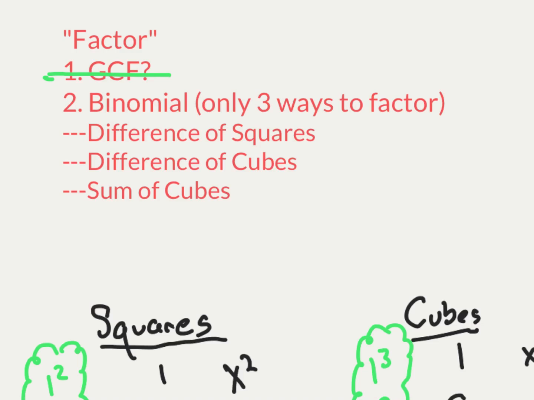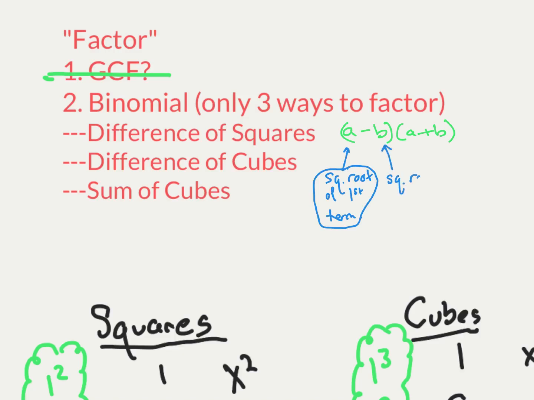Difference of squares, the formula is a minus b, and then a plus b, where a is the square root of the first term, and b is the square root of the second term.